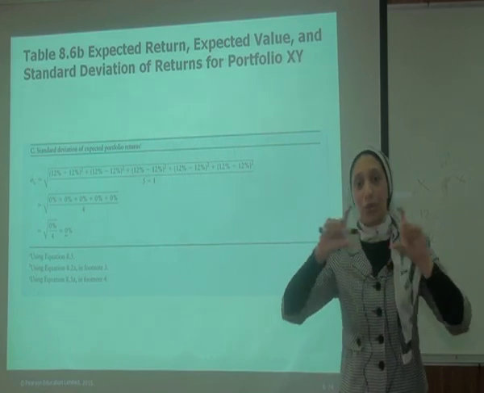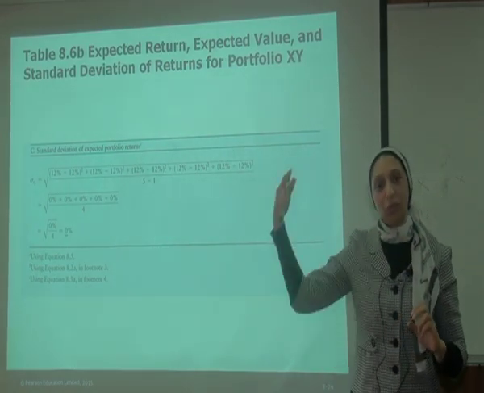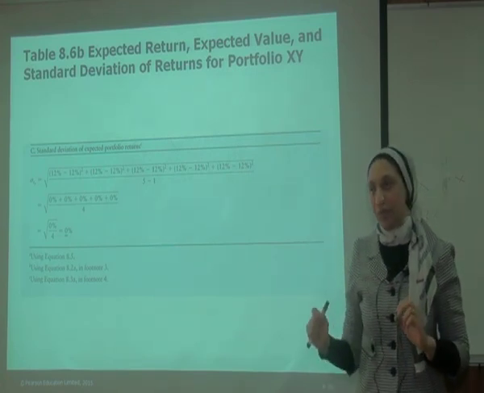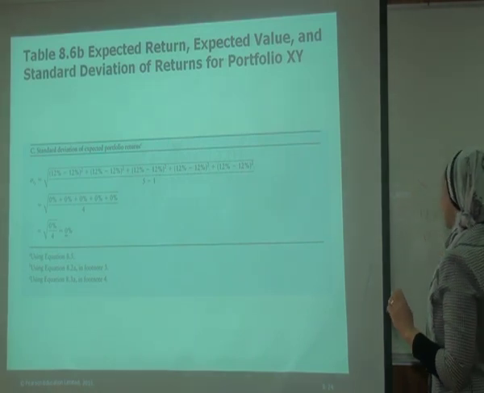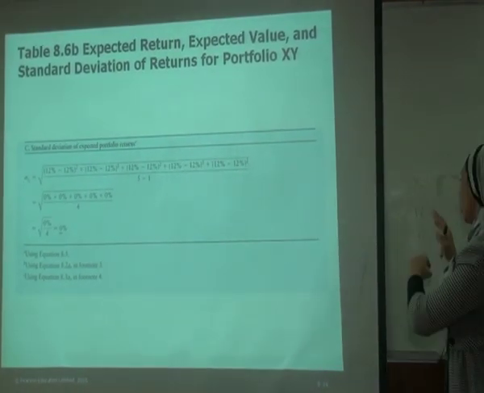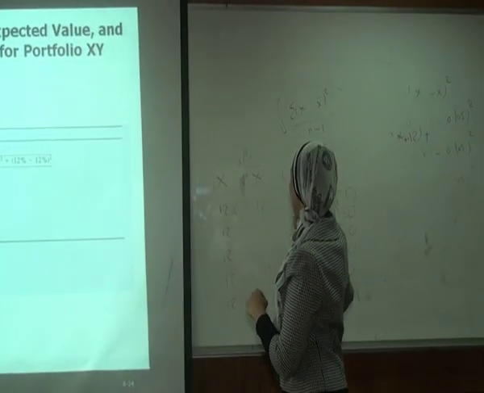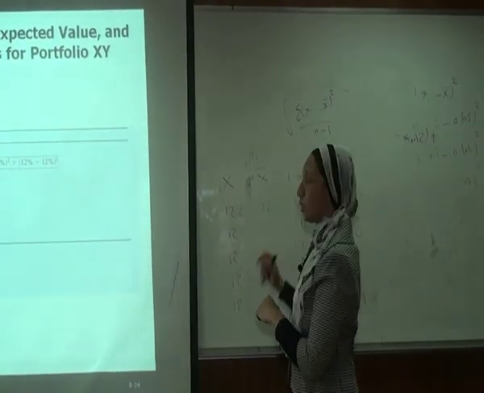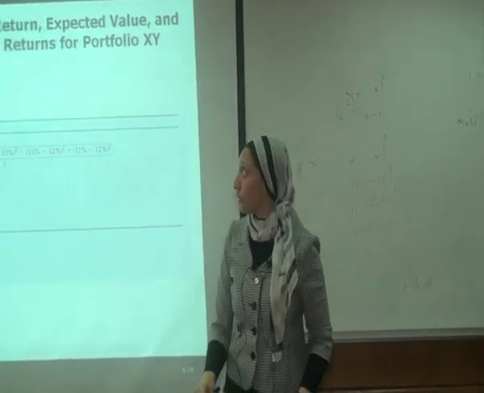This is to calculate the return for only one period of time. If you have different periods of time, you will add them together and divide by n. Then you have x bar, which is the average return, and x, you will get the deviation from the average. The deviation from the average return, squared, summation divided by n minus 1, and then you will calculate the square root.